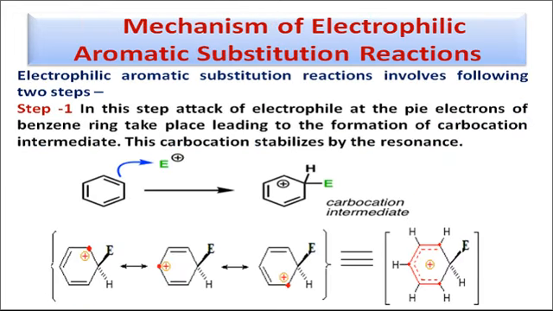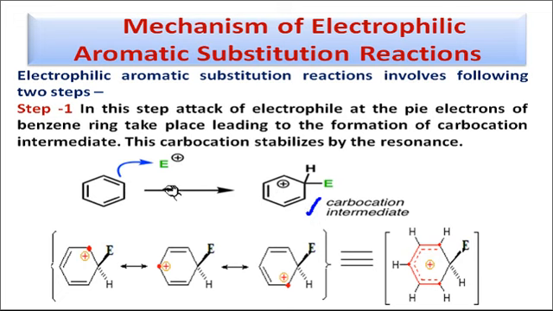Now, the mechanism of the electrophilic aromatic substitution reaction. The electrophilic aromatic substitution involves two steps. In the first step, attack of the electrophile at the pi electrons of the benzene ring takes place. This leads to the formation of a carbocation intermediate, and due to resonance, this carbocation intermediate is stabilized.